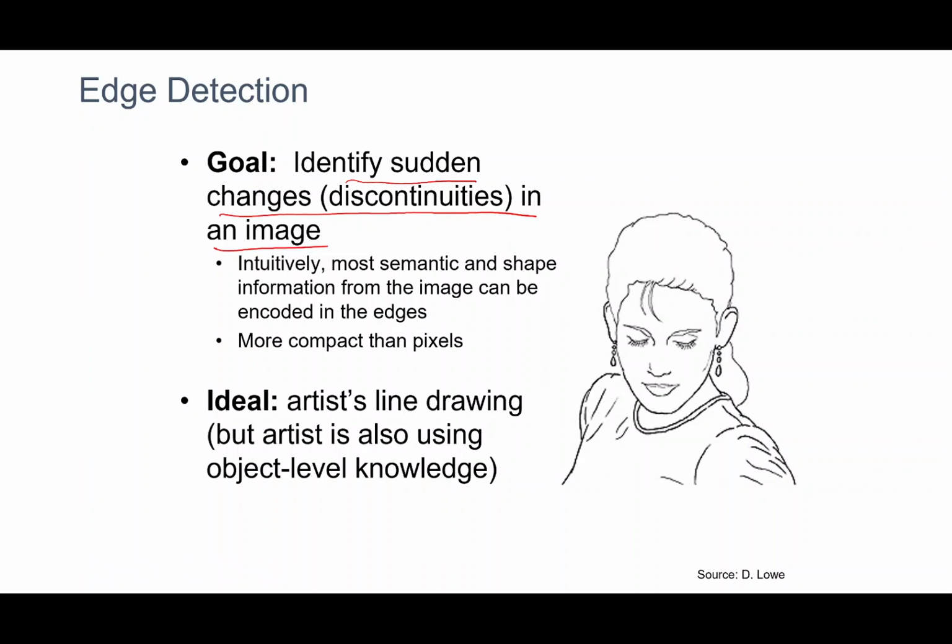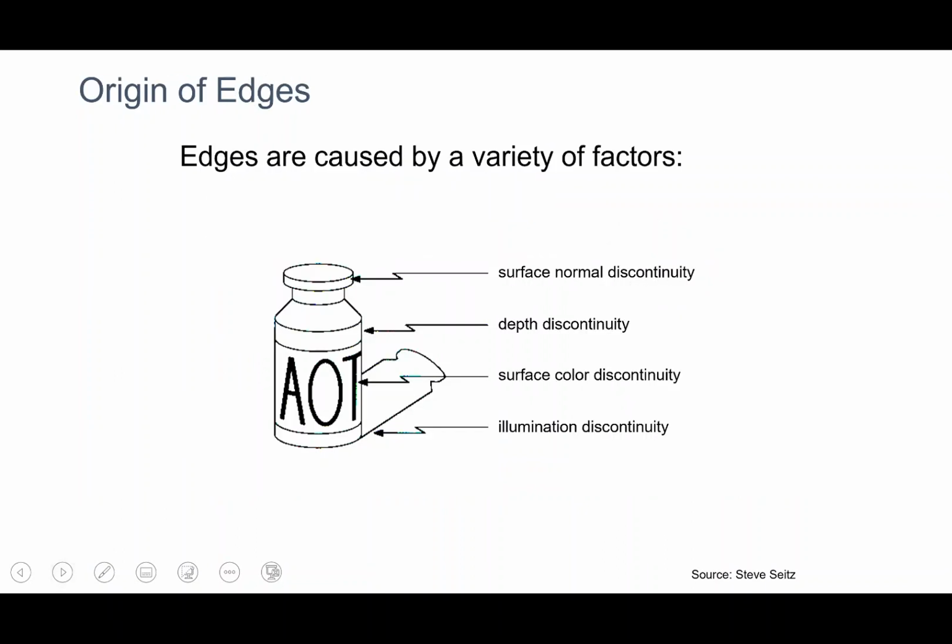The ideal situation is the artist's line drawing, but using these conventional techniques that we would study in this lecture, you would not be able to achieve this kind of a nice representation, which needs the object level knowledge and semantic knowledge that human beings have. But as you might know, the deep learning techniques have achieved near human like performance.